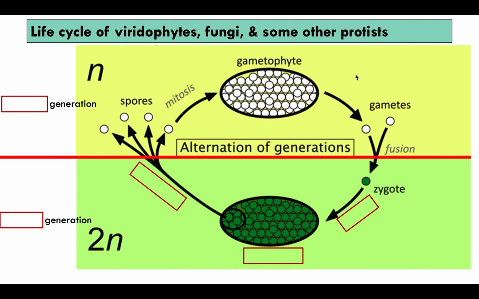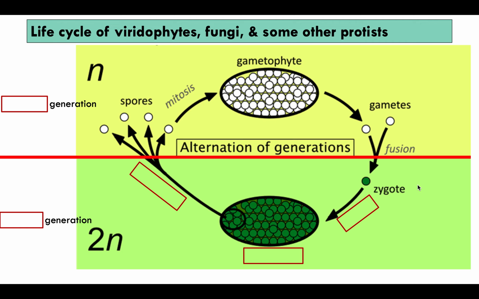If you recall from meiosis, gametes are haploid, right? So you have one n here, one n here. They're going to fuse together and you get a diploid, or 2n, zygote, right?